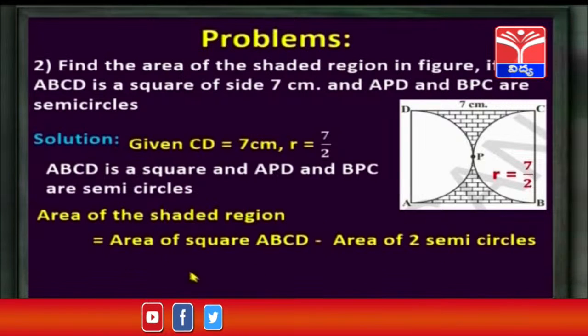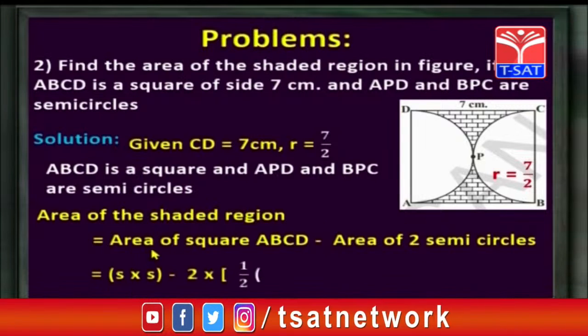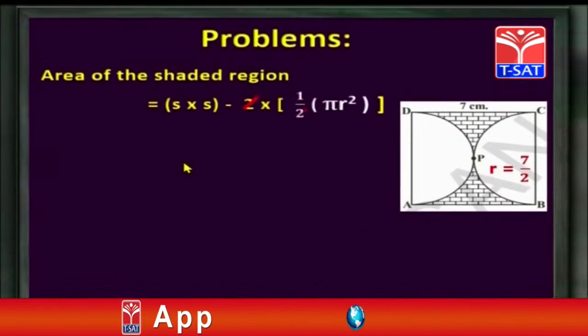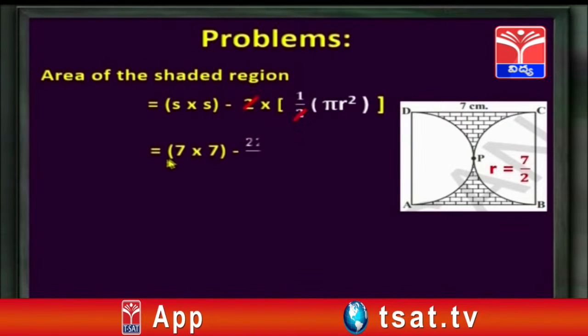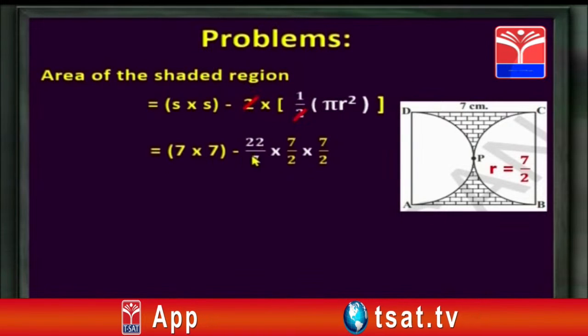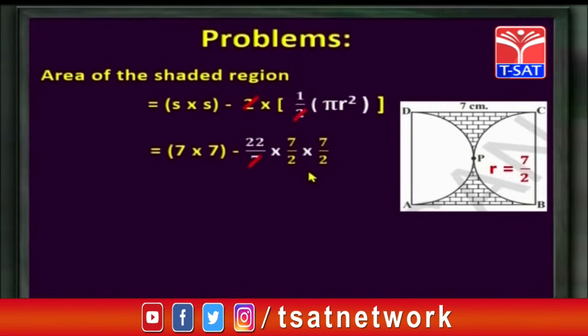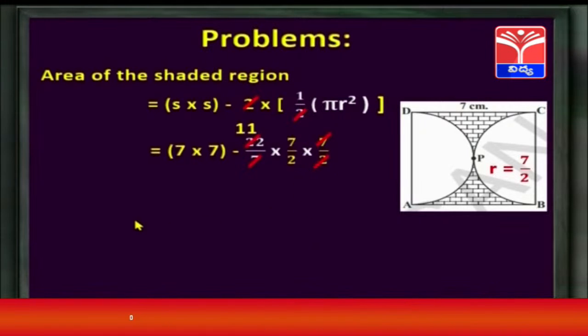Now, let us substitute the values here. Area of a square is s into s minus 2 into half into pi r square. The 2 cancel: 7 into 7 minus 22/7, pi value 22/7 and r is 7/2 into 7/2. 7 can be cancelled and 2 1s are 2, 11s are 11.